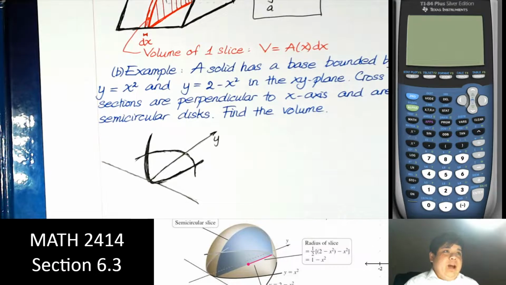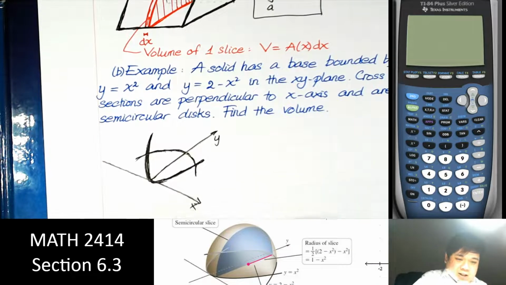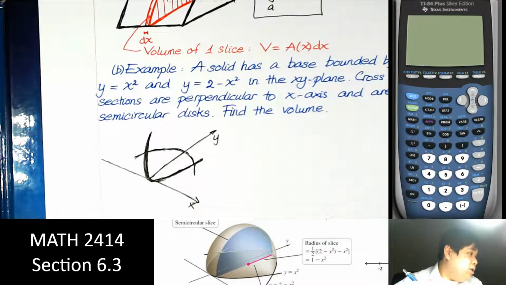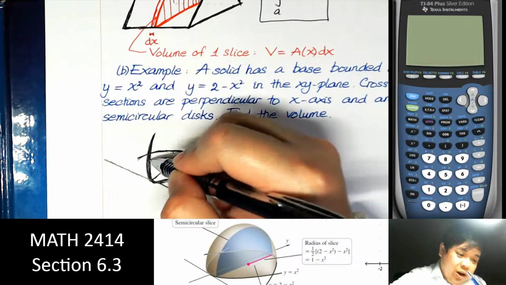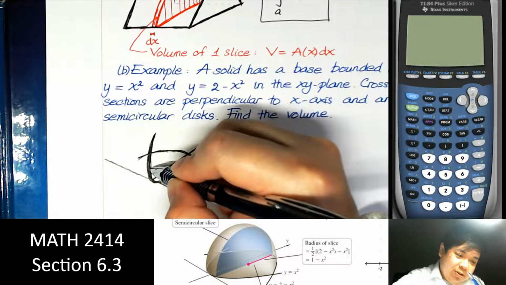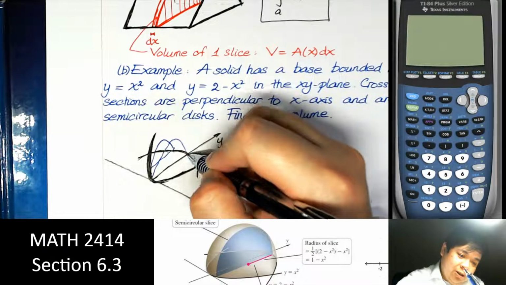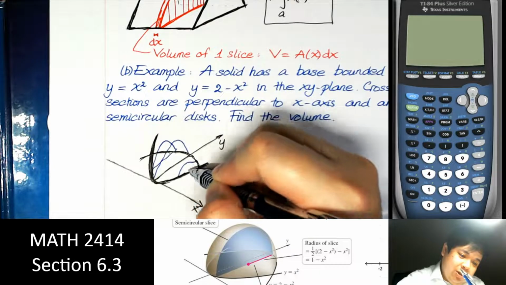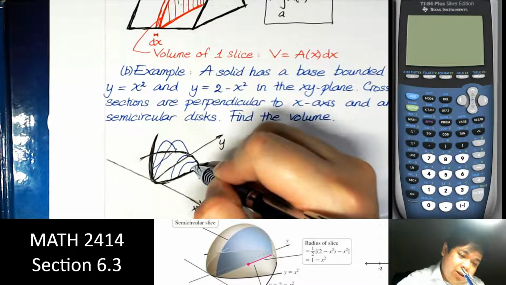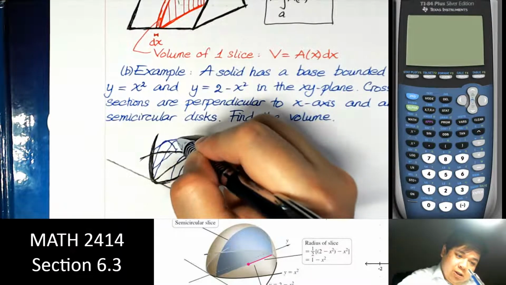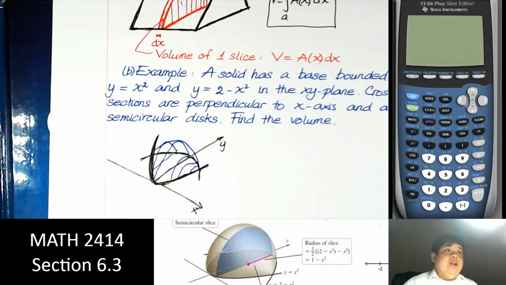Right. So we have it like that. And then the region we're talking about is the one that is, so it's much better on the graph on that side.